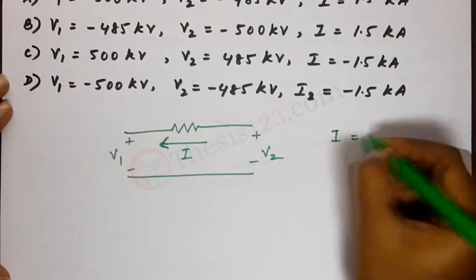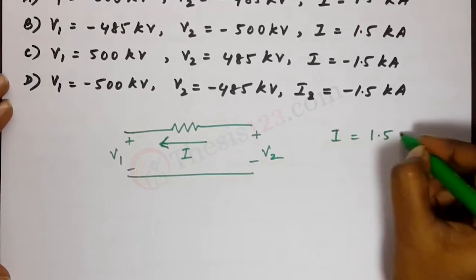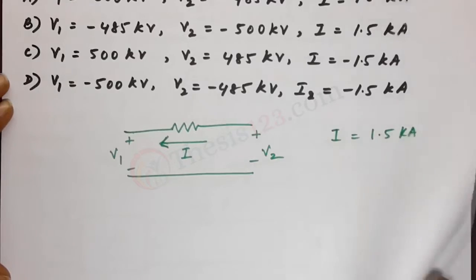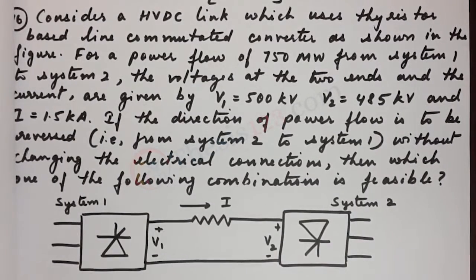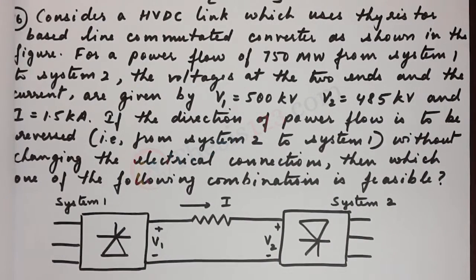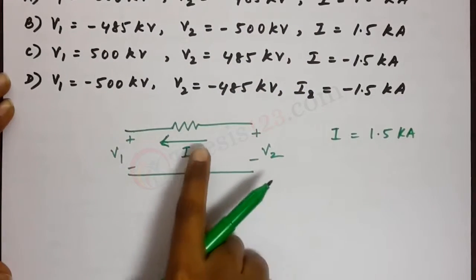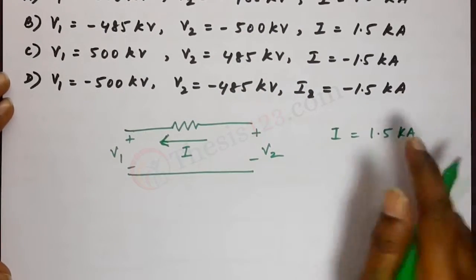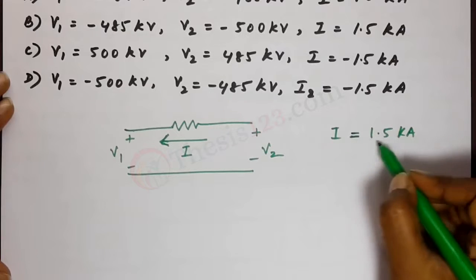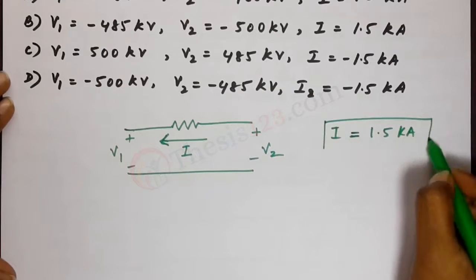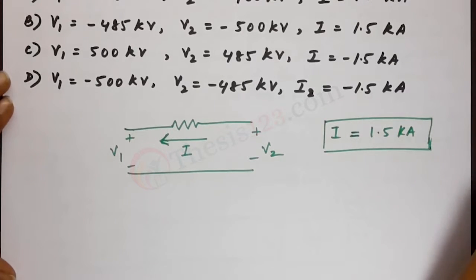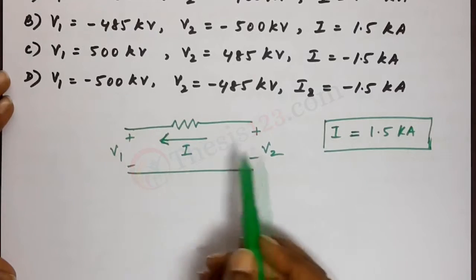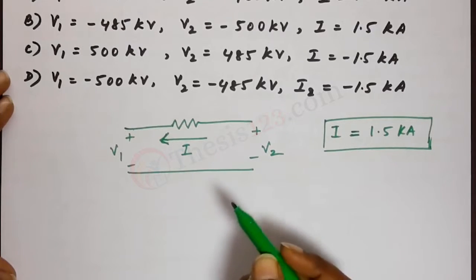So current I is the same as 1.5 kiloamps as given in the question. The question says that the current is 1.5 kiloamps. So if it is reversed, the value remains the same. It is 1.5 kiloamps. This doesn't change, which means that there is some change in the voltages.